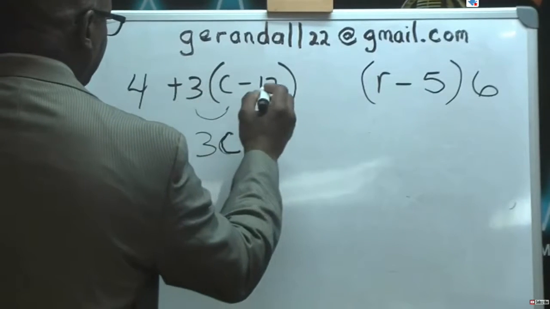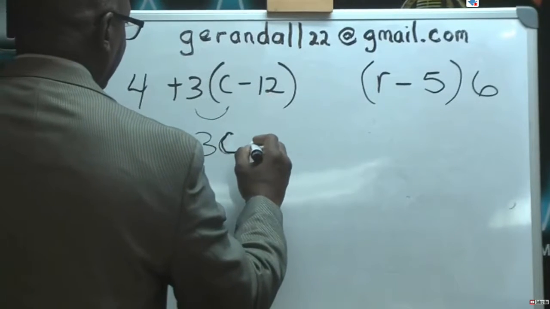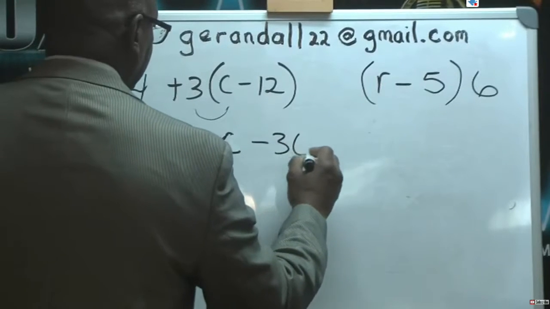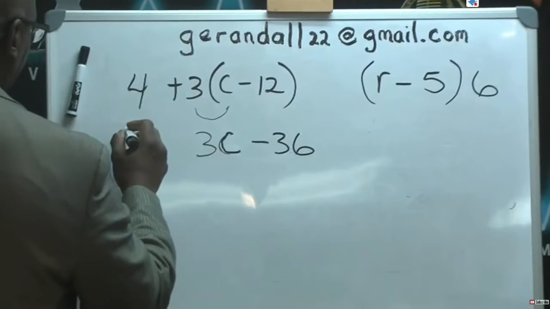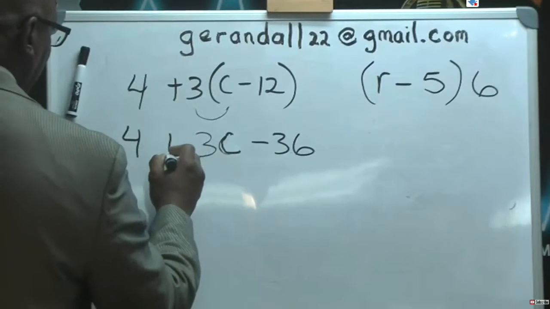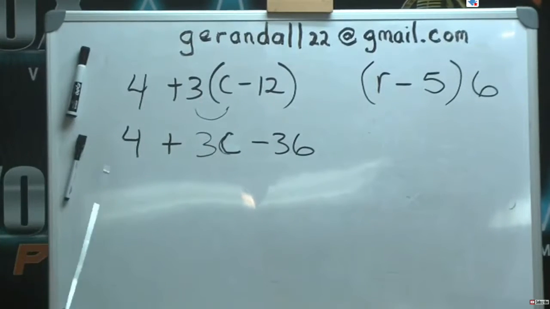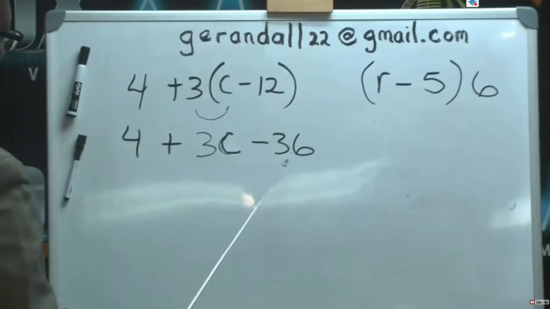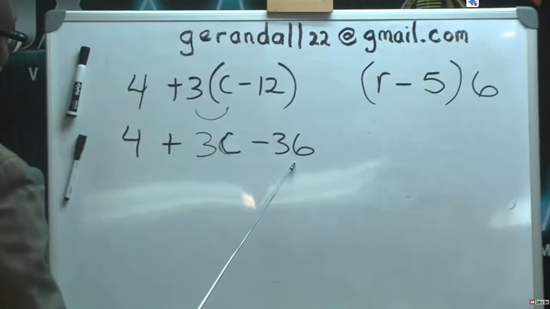And 3 times a negative 12 is a negative 36. Now over here, we bring down our 4, and now we have this. We have 4 plus 3C subtract a negative 36.